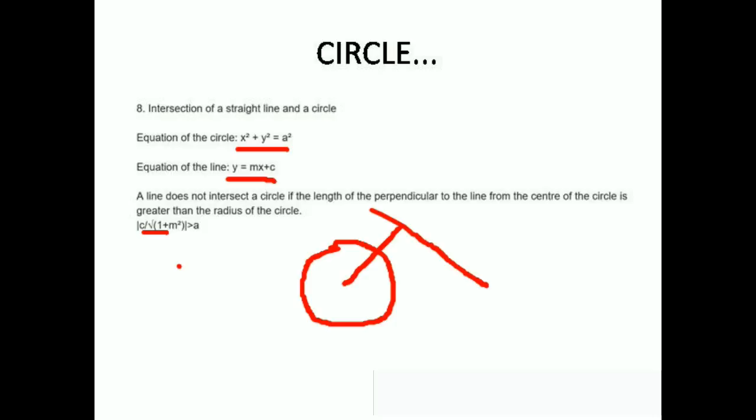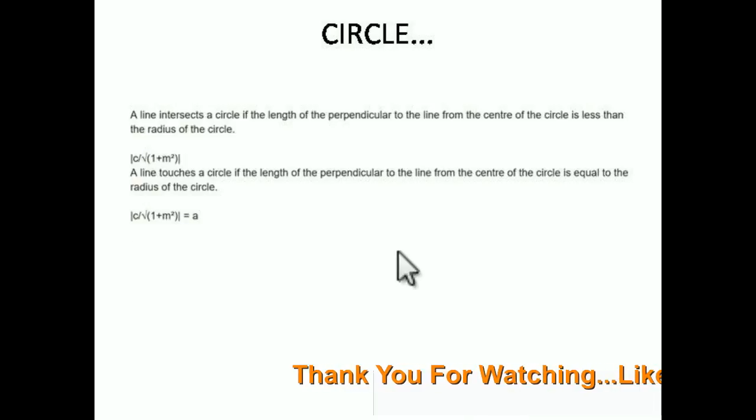Okay, now this is a very good thing. Now if the line intersects the circle, then the length of the perpendicular from the center of the circle to the line is less than the radius. And if the perpendicular distance and the radius are equal, then the line touches the circle like this.